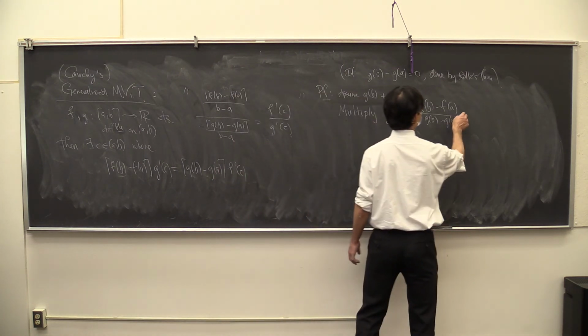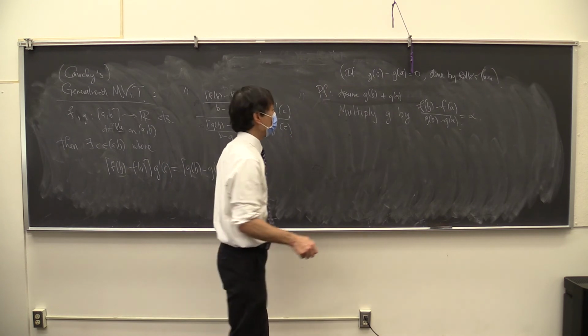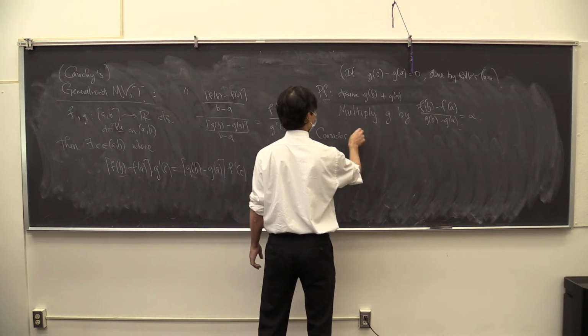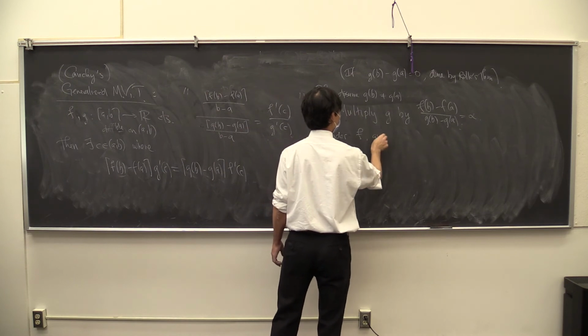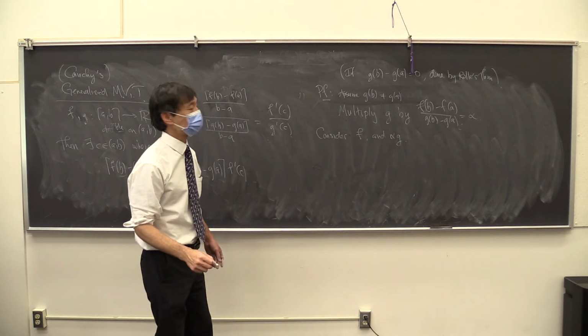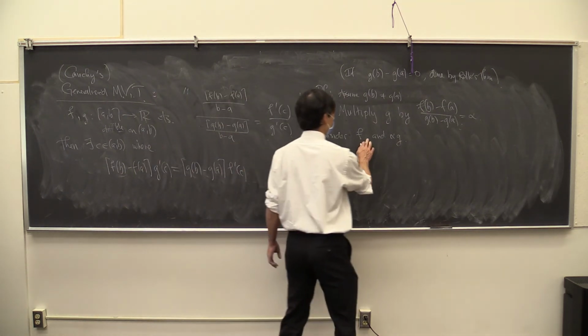Okay, so let's call that alpha. Okay. So then you think, now let's consider the two new functions. So consider f and alpha g. Okay, f and alpha g.